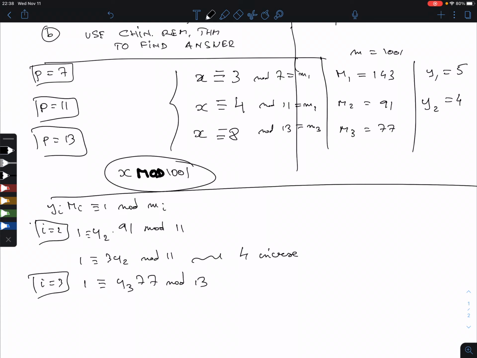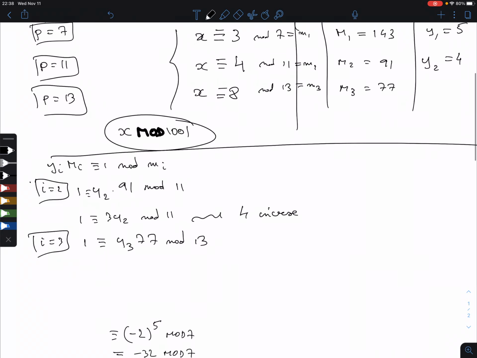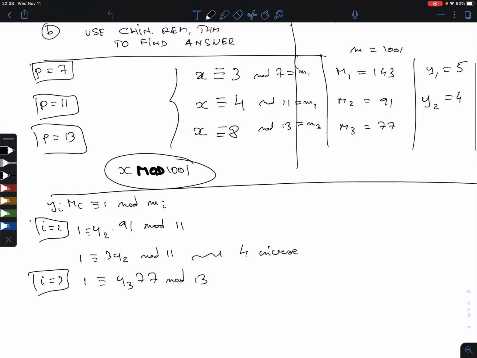Okay, sorry. 77 divided by 13, it's 5. And what is the remainder then? So 13 times 5 is 65, so 12. So 1 is equivalent to 12 times y3 mod 13.